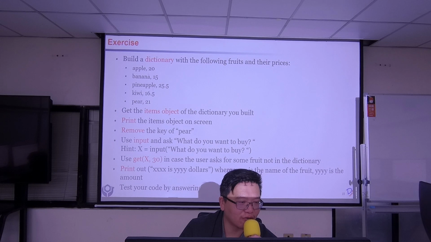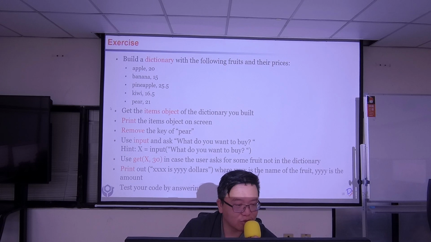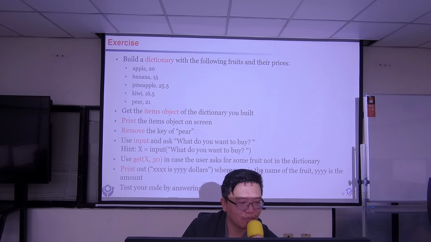Here are several fruits and some random prices. Then use the object variable type to get all the items, so you can easily print out the items on the screen.